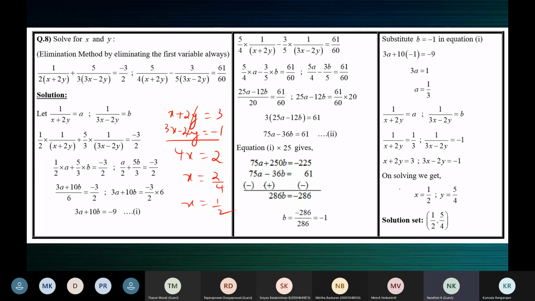Now we have to substitute this x value in any of the equations and we'll get the value of y. Have I done that part? No, ma'am.